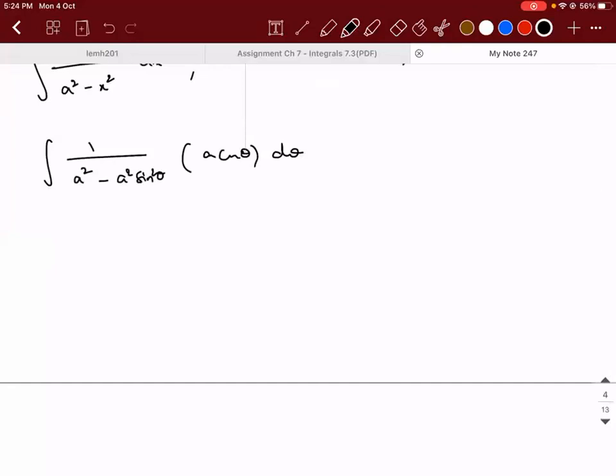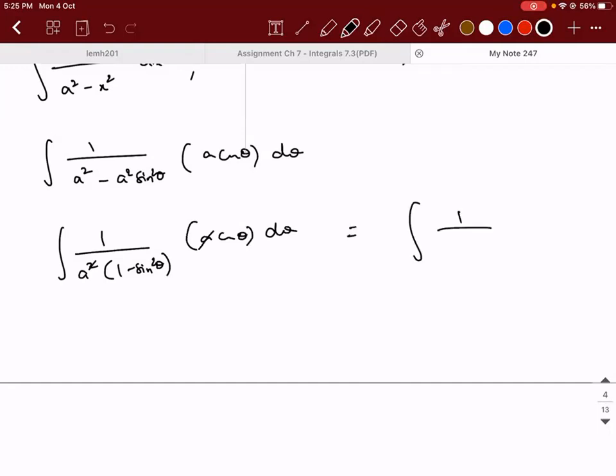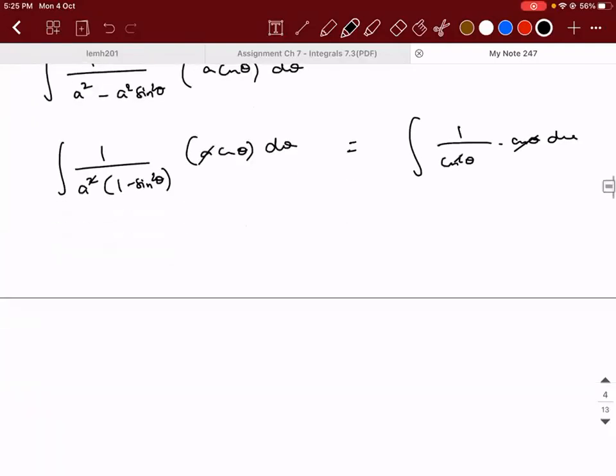Correct? So integral of 1 by a square into 1 minus sine square theta into a cos theta d theta, and this will get cancelled. So integral of 1 by cos square theta into cos theta d theta, this and this will get cancelled. So integral of secant theta d theta. Tell me what is the integral of secant theta?